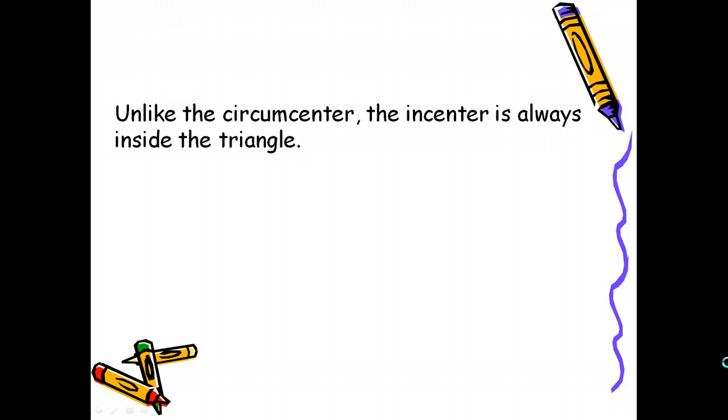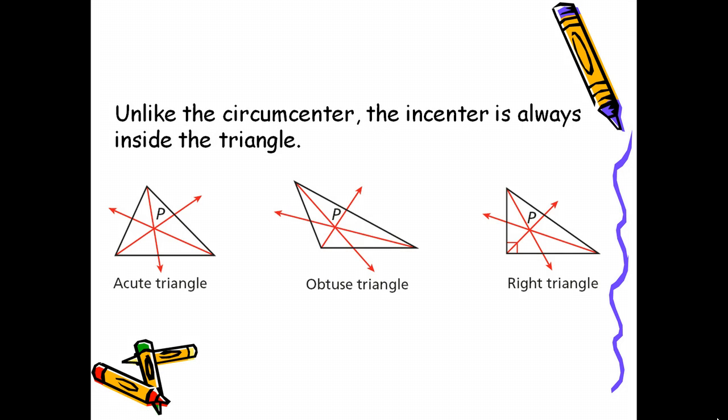Unlike the circumcenter, the incenter is always inside the triangle. With an acute triangle, it's inside. An obtuse triangle, it's still inside. And a right triangle, it is inside the triangle.